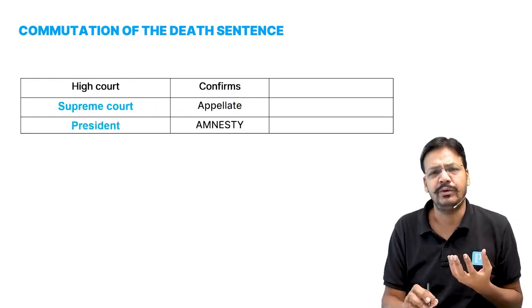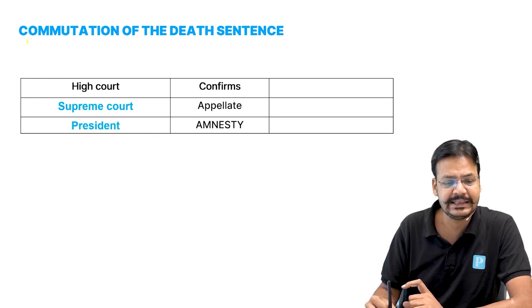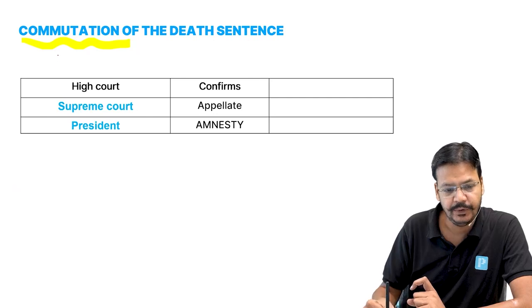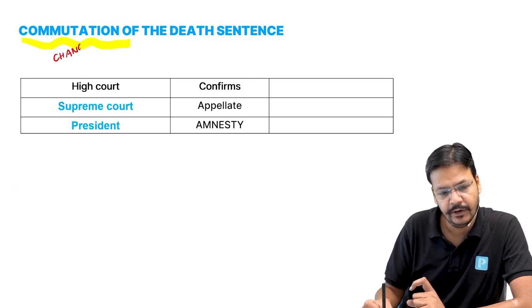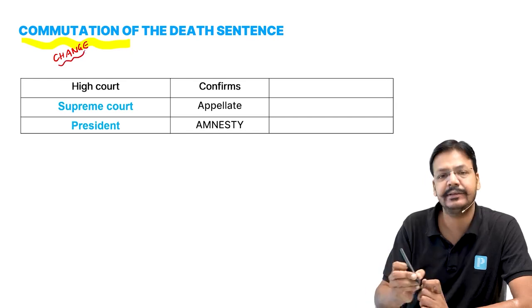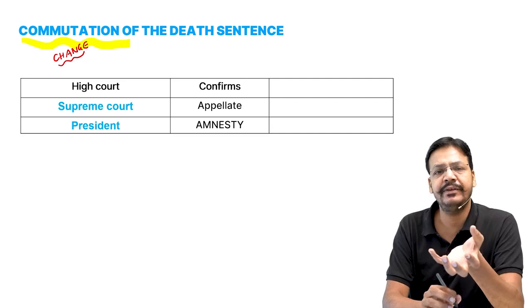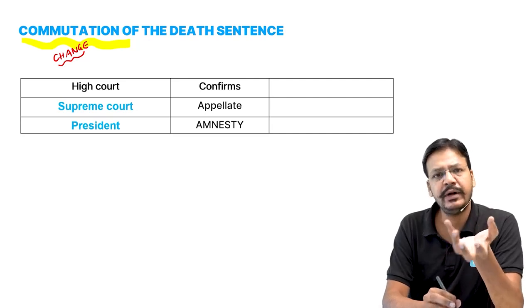So now I am coming to the commutation of death sentence. Who can change the death sentence? Commutation means who can change the death sentence. First, the death sentence is given by either session court or additional session court.